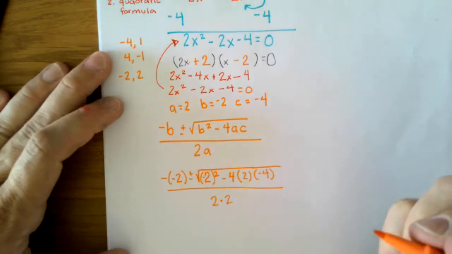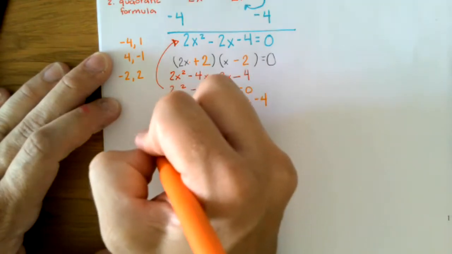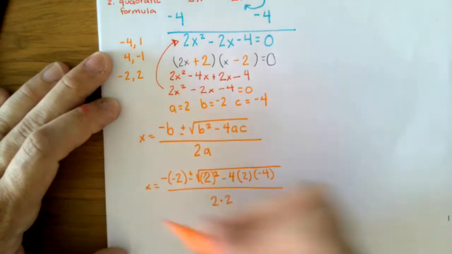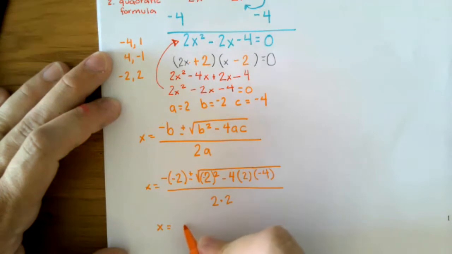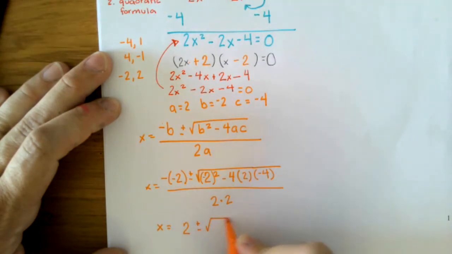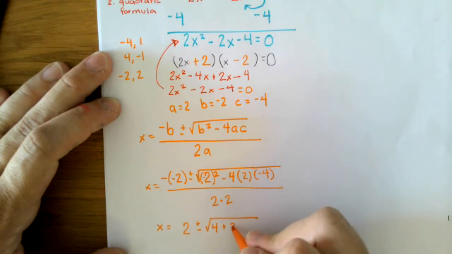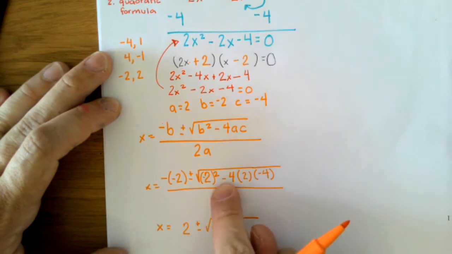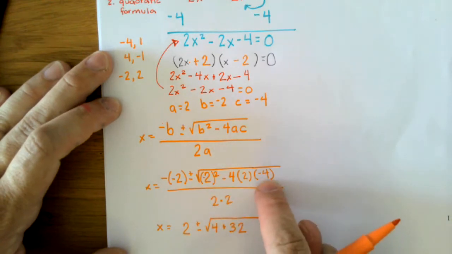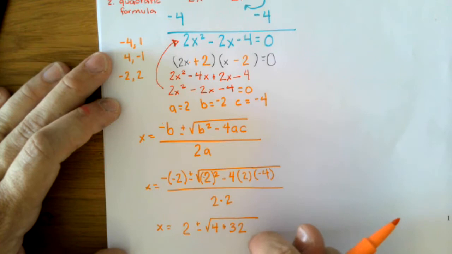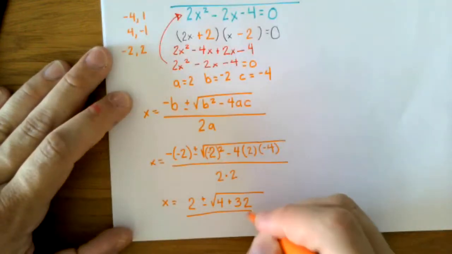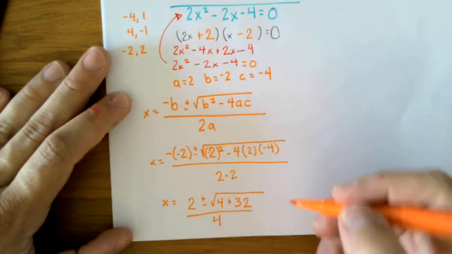Oh, sorry, this is all supposed to be x equals, right? That becomes 2 plus or minus the square root of 4 plus 32. -4 times -4 is a +16. +16 times 2 is 32. And on the bottom we have 4.